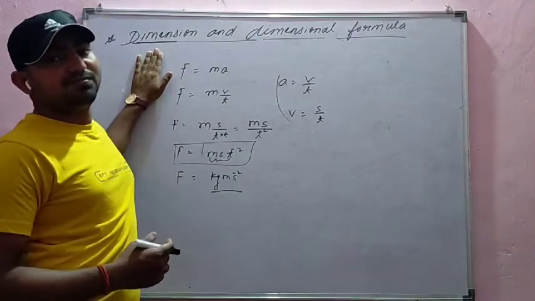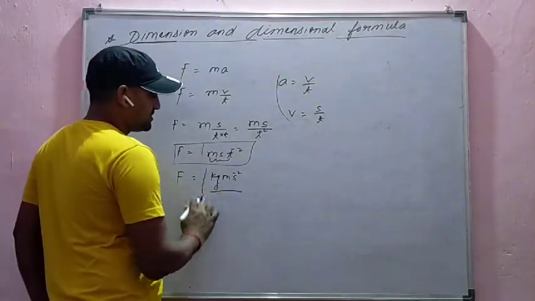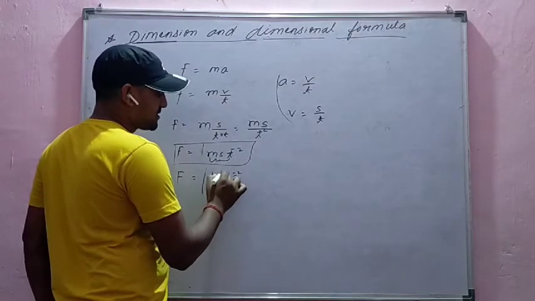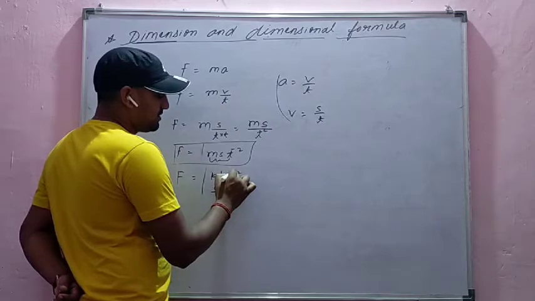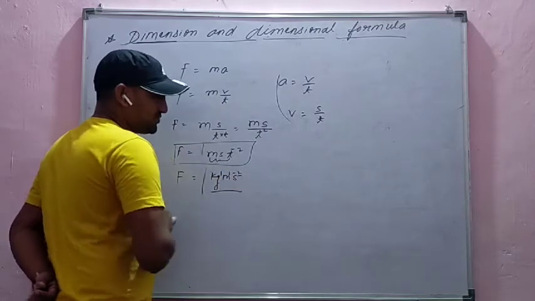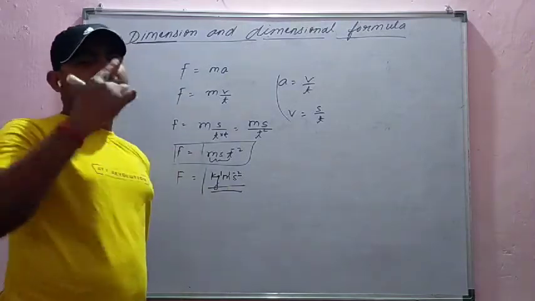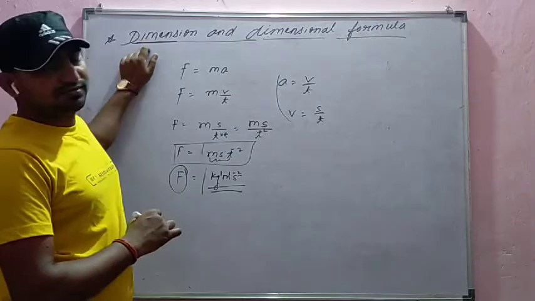What is the definition of dimension? You can see here the power rest on fundamental units. The power of kg is equal to 1, power of meter is equal to 1, power of second is equal to minus 2. The power rests on fundamental units to express the physical quantity is called dimension.